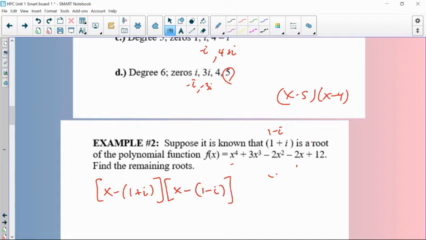Okay. So I want to figure out what quadratic would give you these solutions. Let's do this efficiently. If you distribute that negative, you get x minus 1 minus i, and this is x minus 1 plus i. But look what happens if we group this.